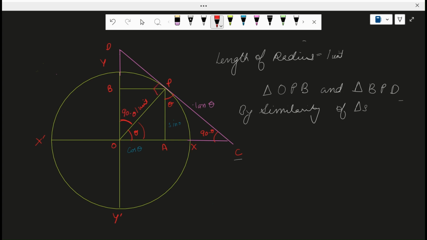This is again 90 because radius is perpendicular to the tangent, and this angle will be theta. So by similarity, this angle is again 90. So angle BPD, this angle will be 90 minus theta. I hope you have got this step.